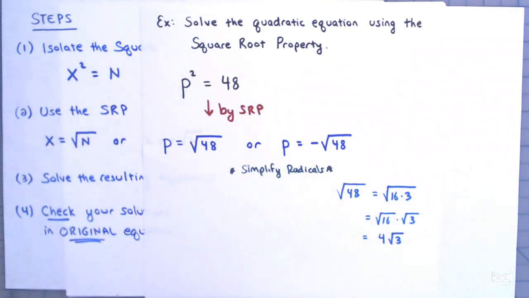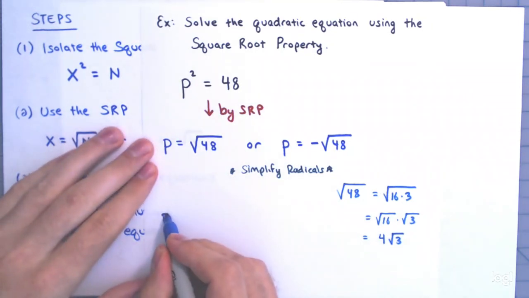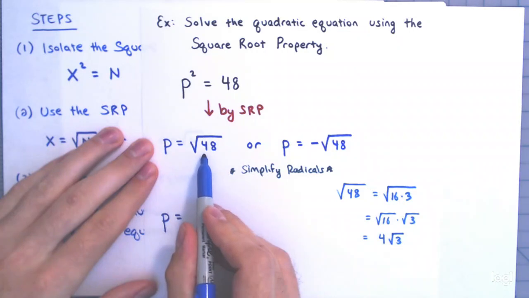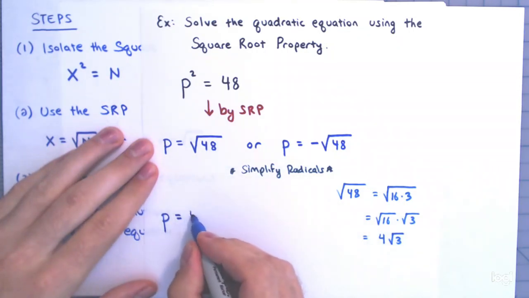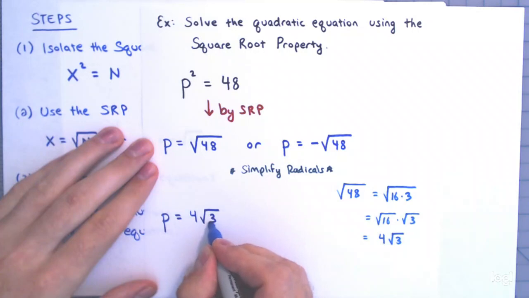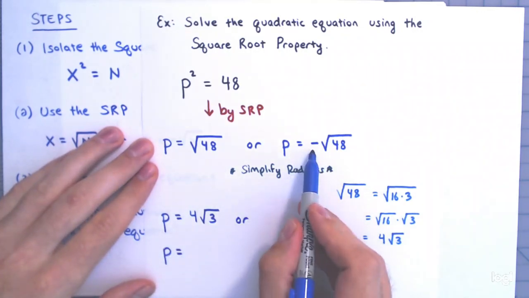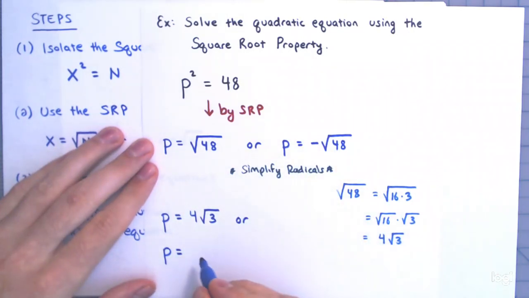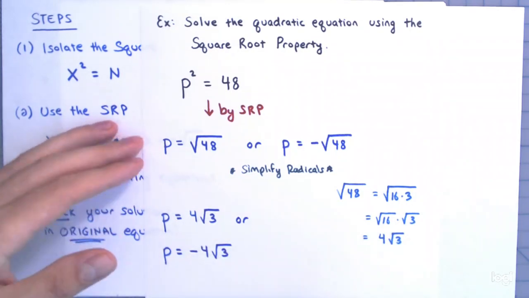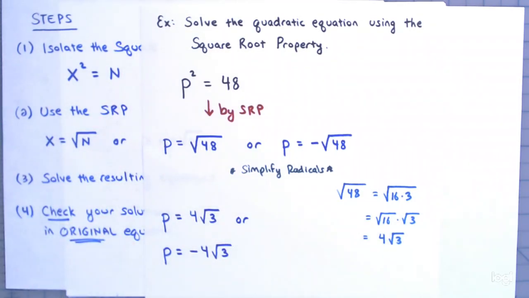All right. Okay, so my possible solutions. The value of p could be positive square root of 48, or this positive 4 times the square root of 3, or the value of p could be the opposite of that, negative 4 times the square root of 3. And of course, as I've said earlier, when you're solving an equation and you find some possible solutions, check these things.